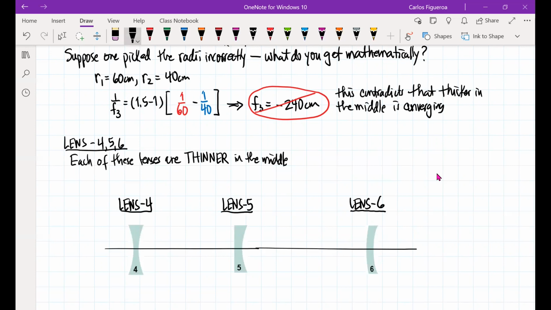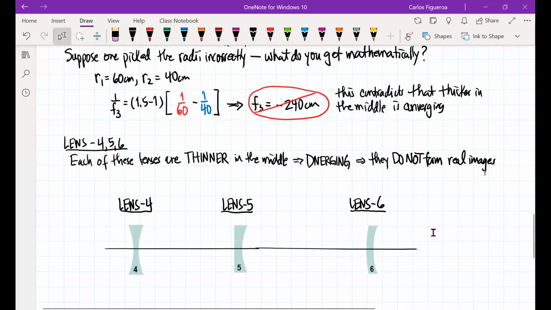They're thinner in the middle than the edges, so that implies that they're diverging. And if they're diverging, that means here they do not form real images. They only form virtual images.